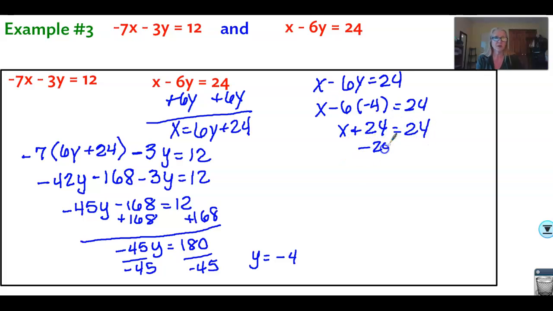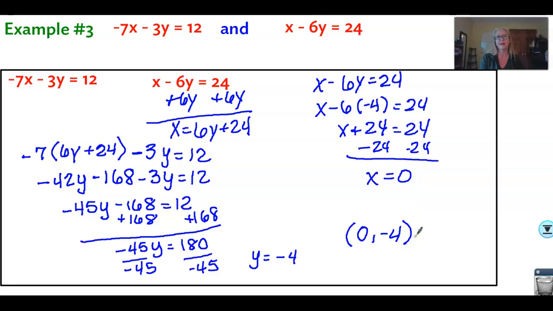And if I subtract 24 from both sides, I get x is 0. Don't get freaked out by that. 0 is a number. All right, the solution for this one is 0, -4. Pretty cool, right? I thought so. So the takeaway from this is you don't have to always solve for y. Sometimes it's easier to solve for x.